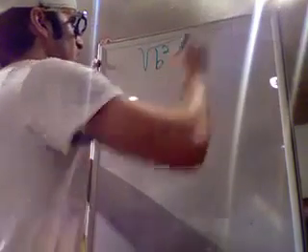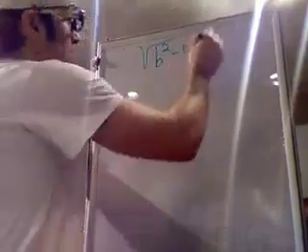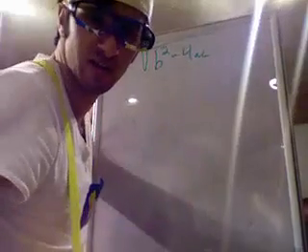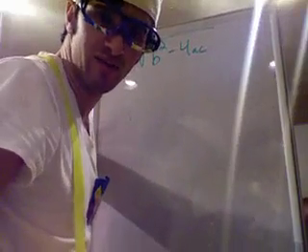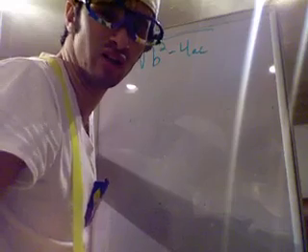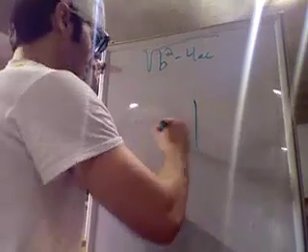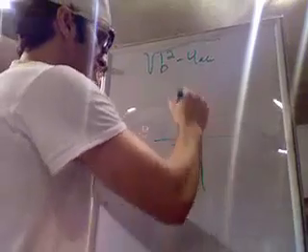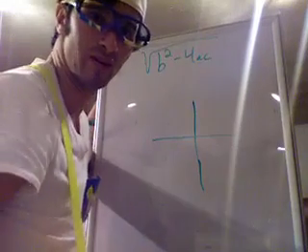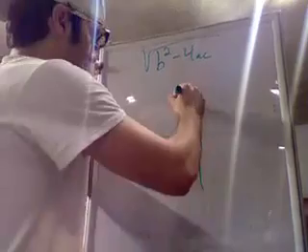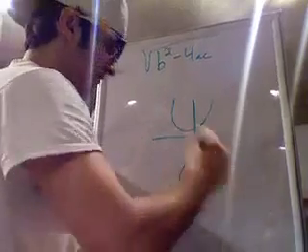Remember, that's under a square root sign. If b squared minus 4ac were negative, can we have a square root of a negative? No, that'd be an imaginary number. So graphically, that would mean that it never hits the x-axis. It could be like that, it could be like that, never hits it.